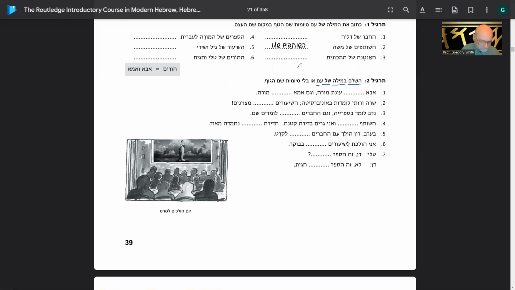Hashalem Bamila Shel Im O Bali. Complete with the word, okay, so Hashalem, complete the word Bamila shall belonging with, Im with.